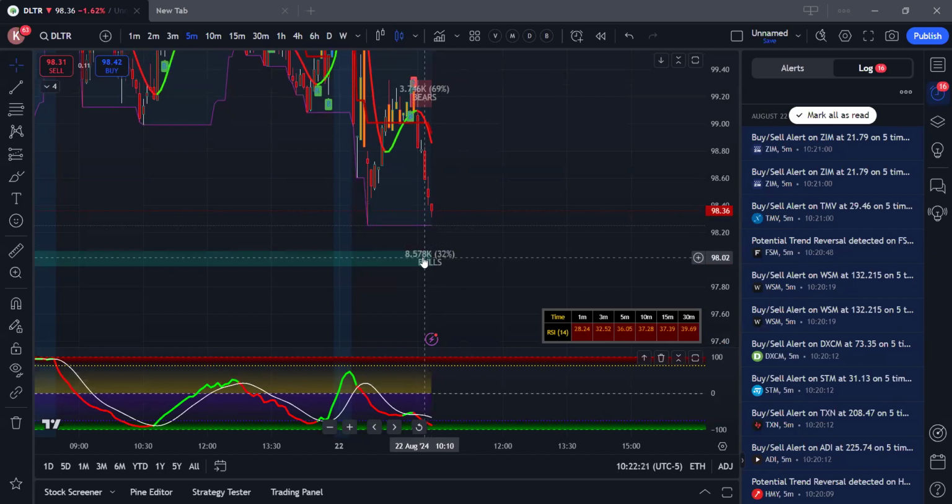So we are expecting it to touch somewhere around $98 and then move up.